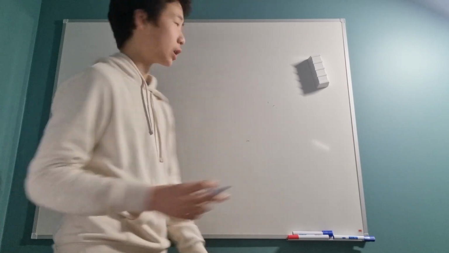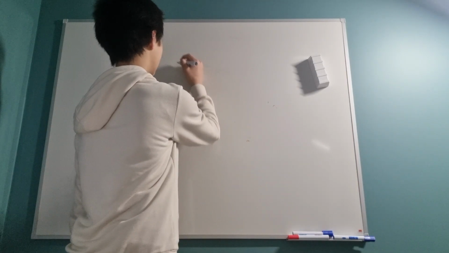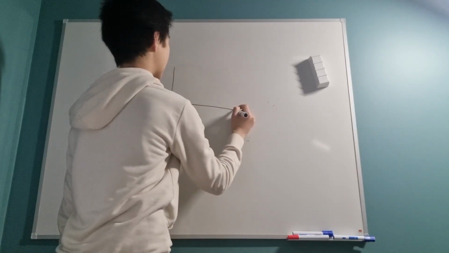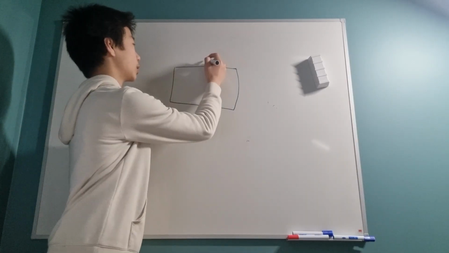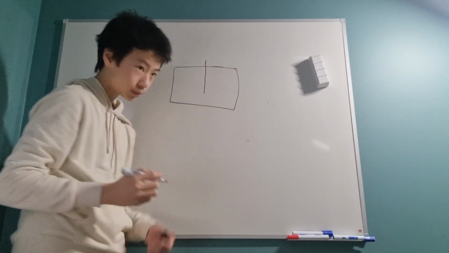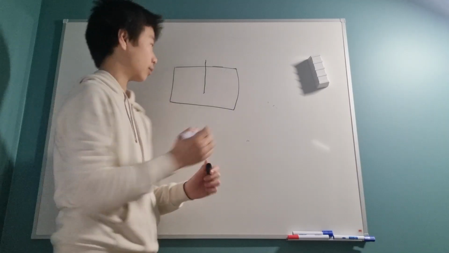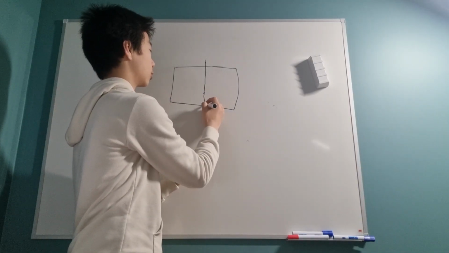So let's get a rectangular prism back again. Now we have this, and then we're going to make the normal, and maybe make it extend all the way to the bottom.